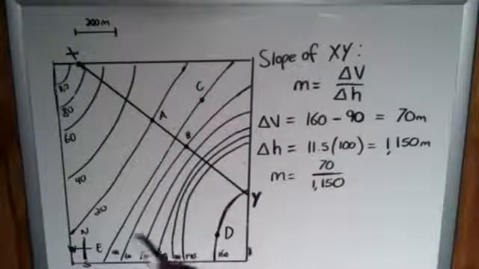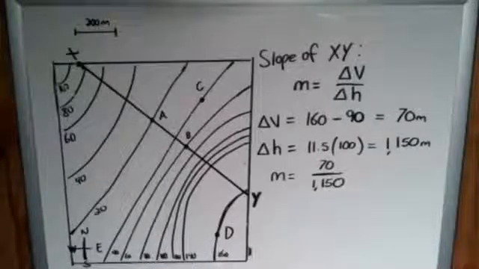Meanwhile, between, say, the 40 and the 140 contour lines, it's probably a lot greater than 70 divided by 1,150, because the lines are much more condensed, implying that our vertical elevation is increasing much more rapidly. So that's why I put in these extra points here.